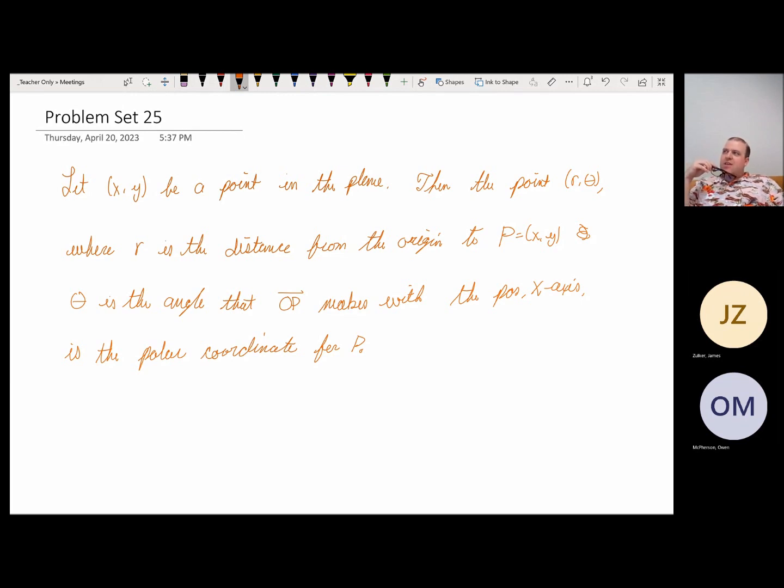If r, theta is the polar representation of point P, is it the only polar representation? In other words, are polar points unique?